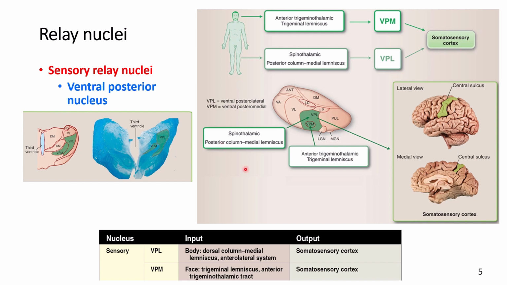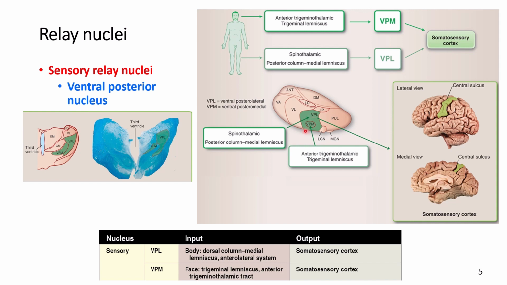This image is explaining the same thing. So you have the peripheral information, spinothalamic and posterior column medial lemniscus information from most of the body, that goes to VPL, and information from the face goes to the VPM through the anterior trigeminal thalamic and trigeminal lemniscus.